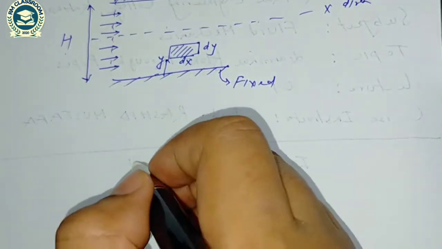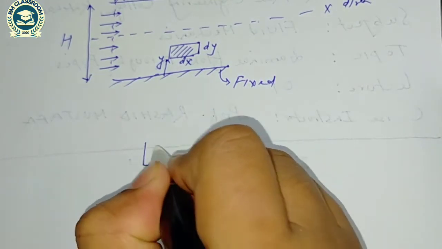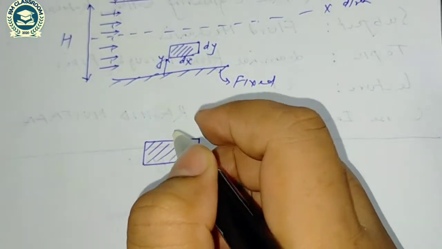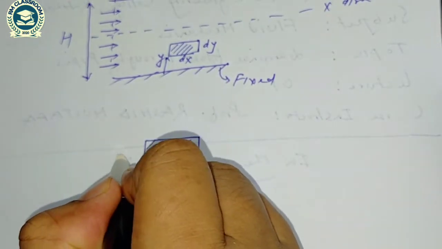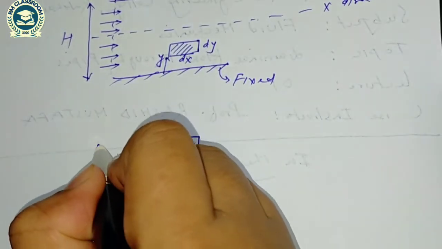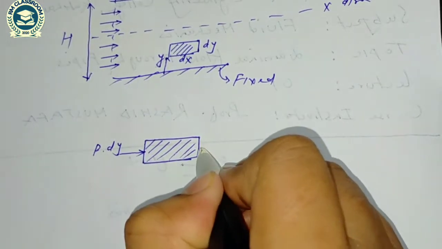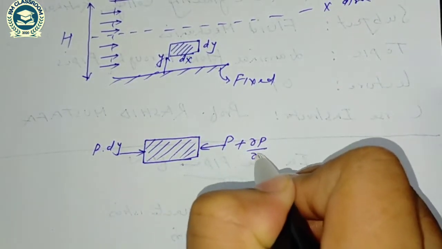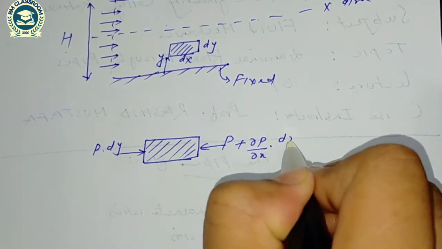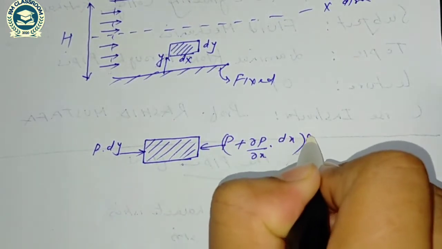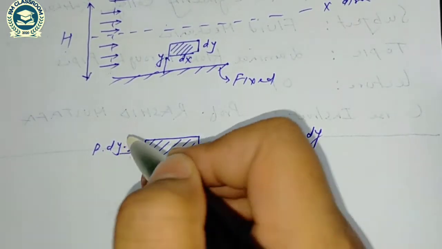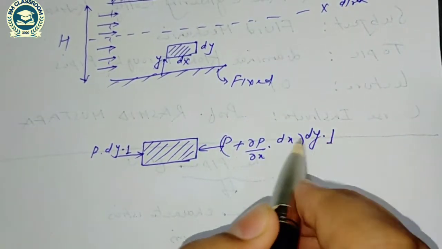If I draw the free body diagram of this fluid element, the force in this direction is P into dy, and in this direction is P plus del P by del x into dx into dy. This is, of course, for unit length.